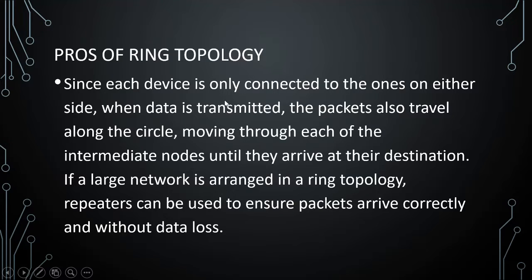Since each device is only connected to the ones on either side, when data is transmitted, the packets also travel along the circle, moving through each of the intermediate nodes until they arrive at their destination. If a large network is arranged in a ring topology, repeaters can be used to ensure packets arrive correctly and without data loss.